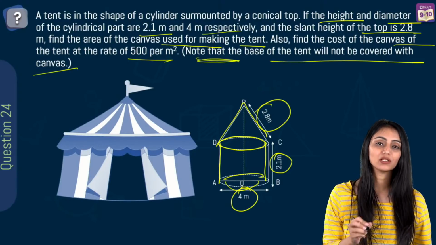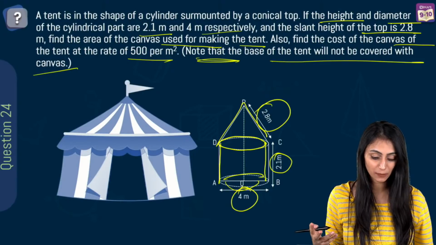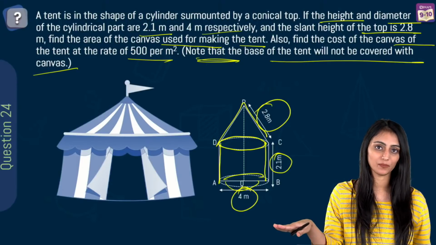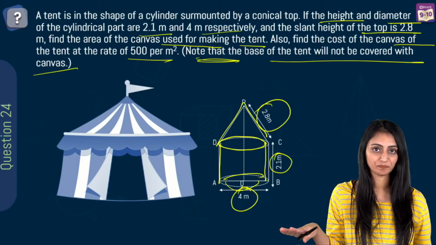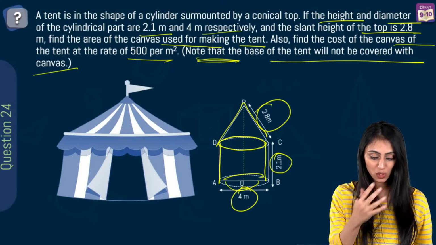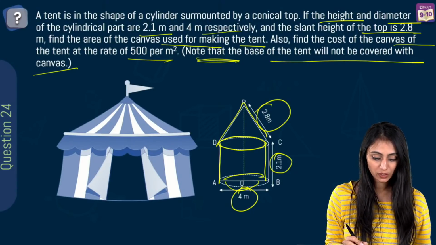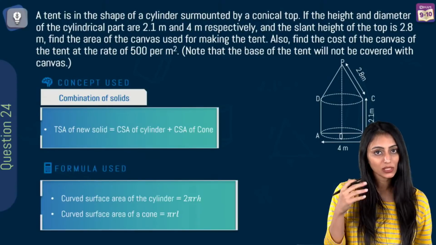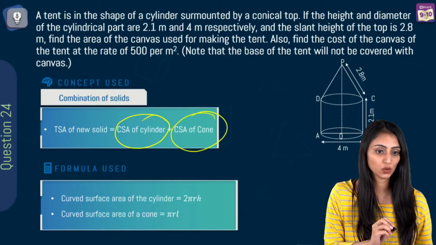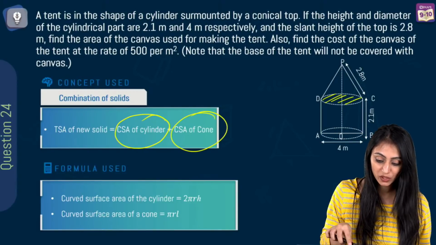This kind of note generally does not come in the paper, so you should know that a tent is never on the base. Canvas is never put on the base. It is always on the outside, just covering it. So what we will do here is find the total surface area. In that case we need the curved surface area of the cylinder and the curved surface area of the cone, because it is not closed from here, it is open.